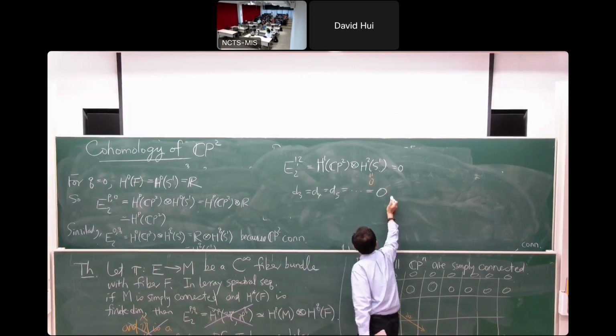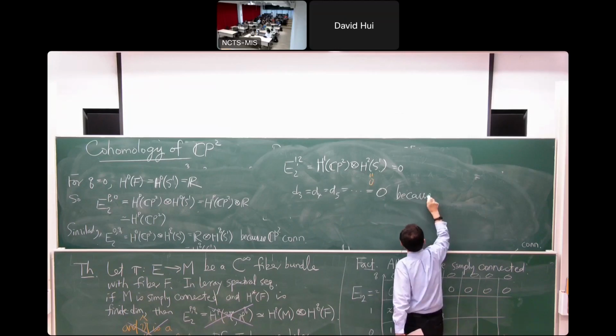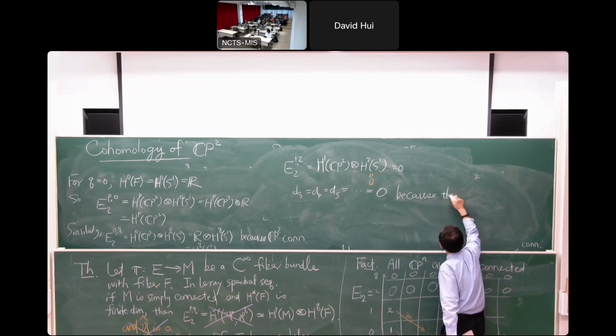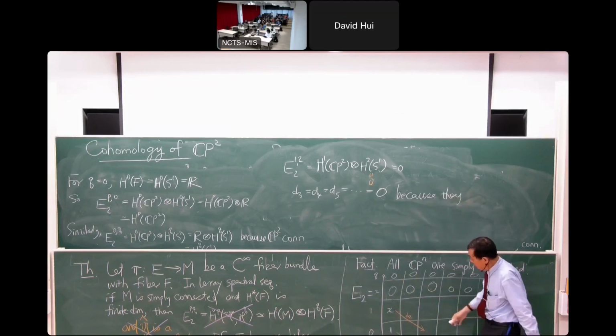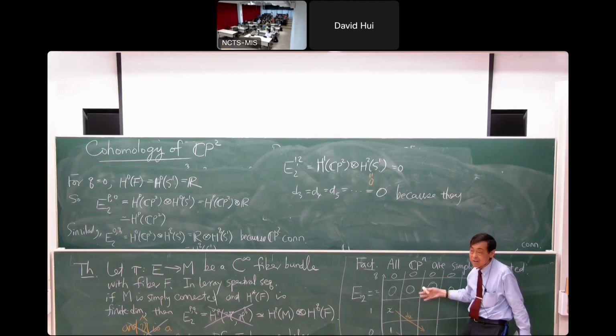They're all 0 because, well, either they go into the negative region or they are coming from these zeros. Yeah?